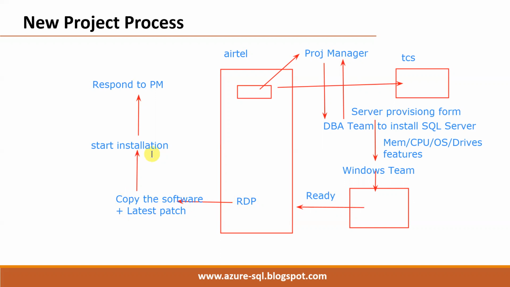As we already know, installation is a two-step process. The first step is to install the database engine. The second step is SSMS. But in some organizations we won't install SSMS, only the database engine, since SSMS is already on our workstation, laptop, or desktop, and we connect from there.